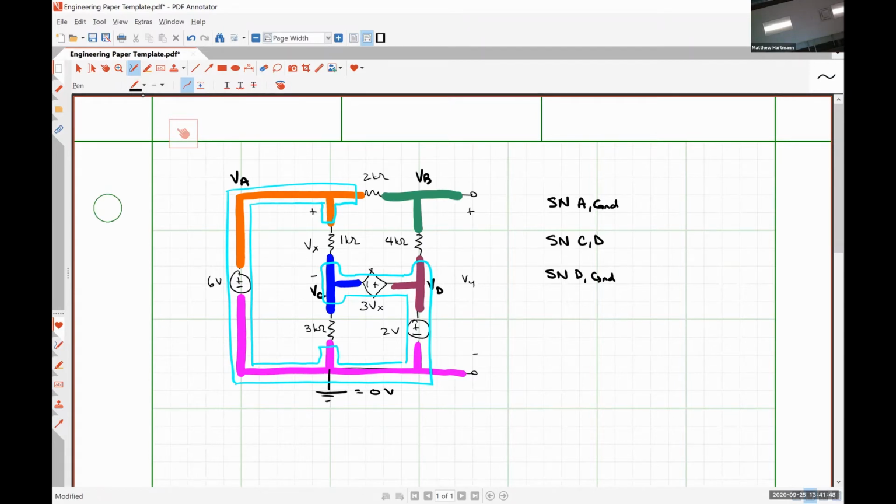Or our ground node. Does anybody recall what we don't do when our supernodes contain the reference from the lecture, video lecture? So if the supernode contains the ground or reference node, there's something very specific that we should not do.